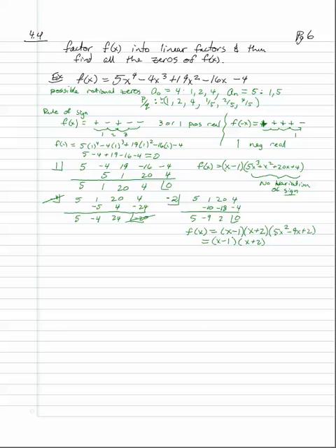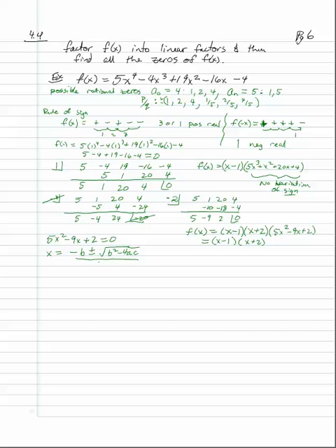If you use the quadratic formula to solve this equation, those are going to be your zeros, and then you just do x minus each of them for the factors.